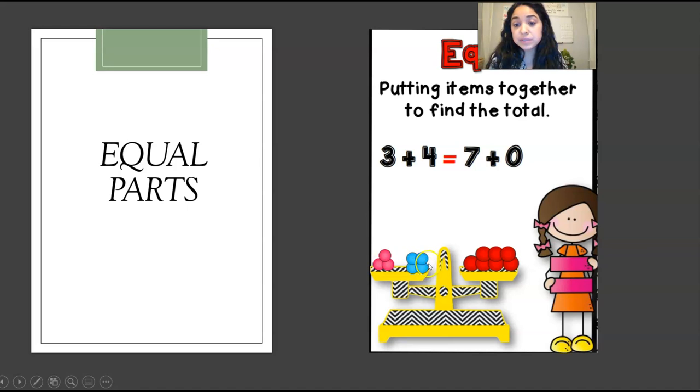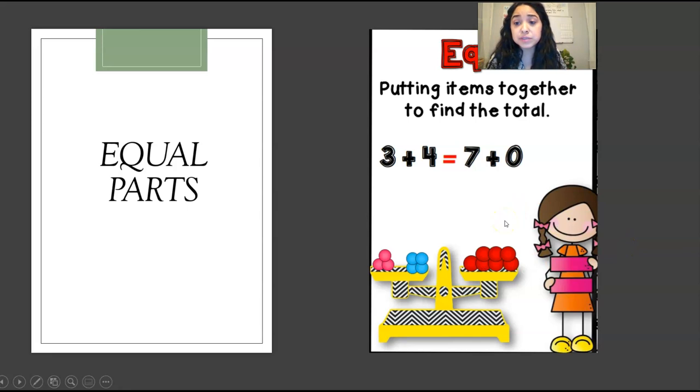So let's count these. 1, 2, 3, 4, 5, 6, 7. So I see 7 balls right here. And on the other side, I have 1, 2, 3, 4, 5, 6, 7. So I have 7 balls on the left-hand side and 7 balls on the right-hand side. So they equal each other. If you look, this is a balance beam, and the weight is equal because they are the equal number.